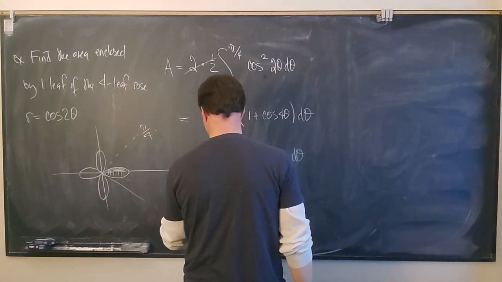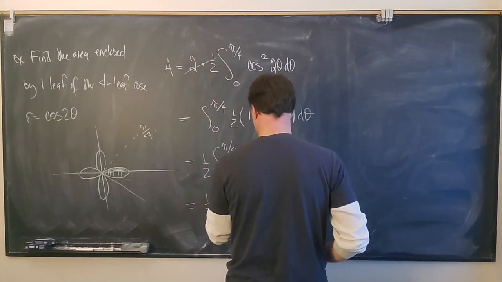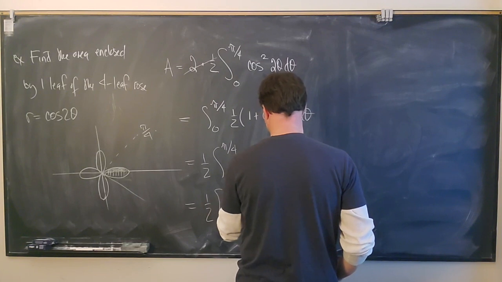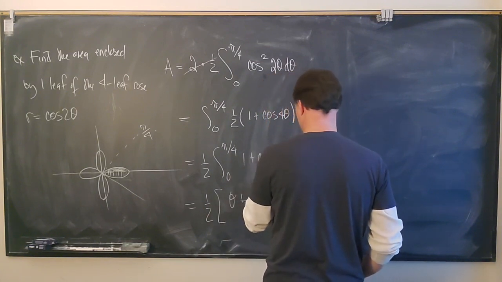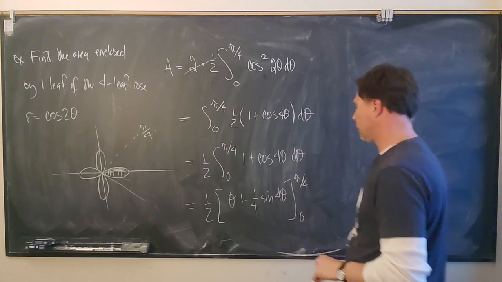All right, so this will be a 1/2 times, when I compute the antiderivative, we get theta plus 1/4 sine 4 theta, and we go from 0 to pi over 4.